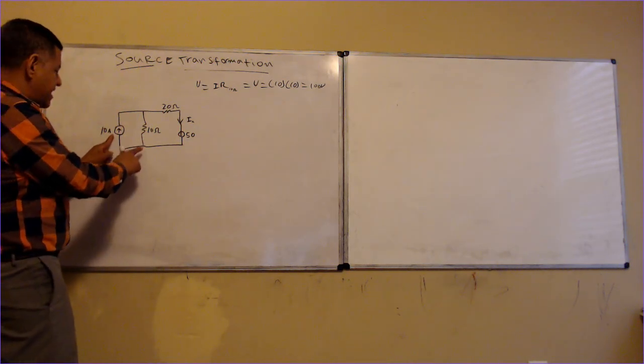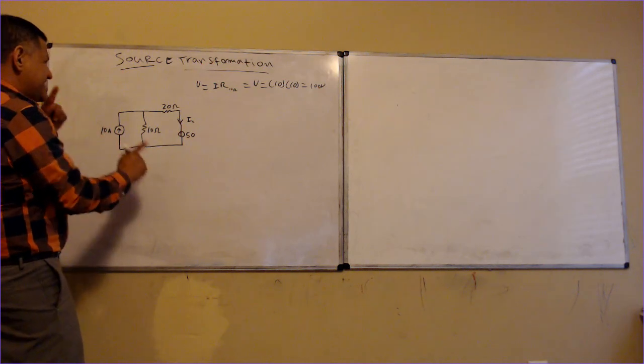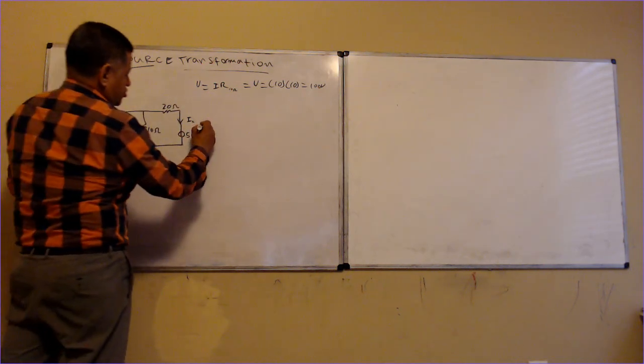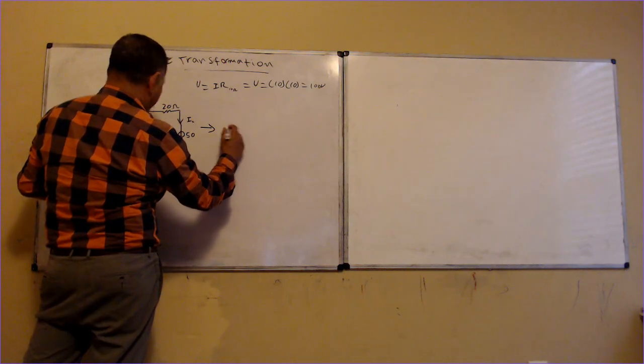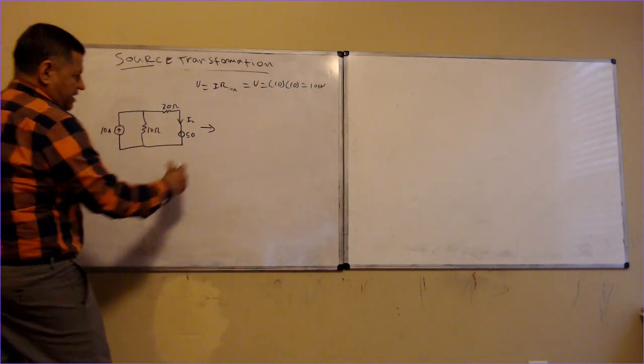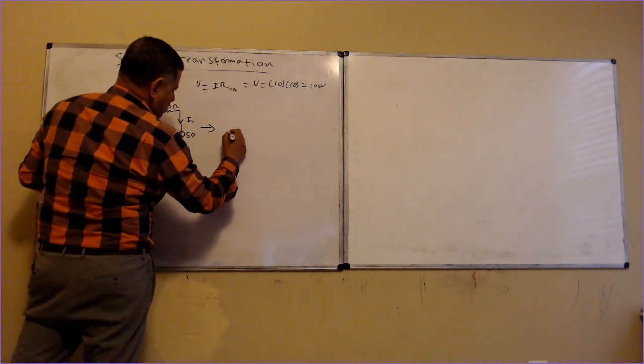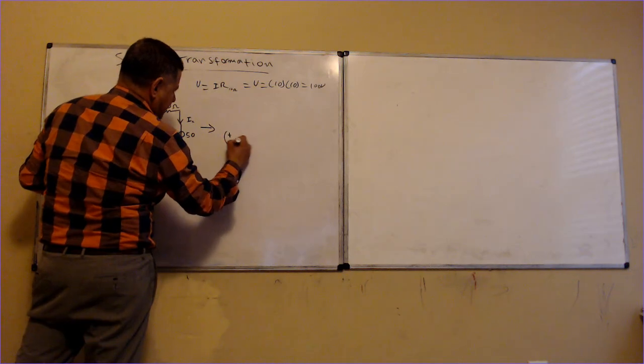This resistance is in parallel right now with this current source; that will become in series. So this will become a voltage source, and it's going up, so I can assume it goes from negative to positive.